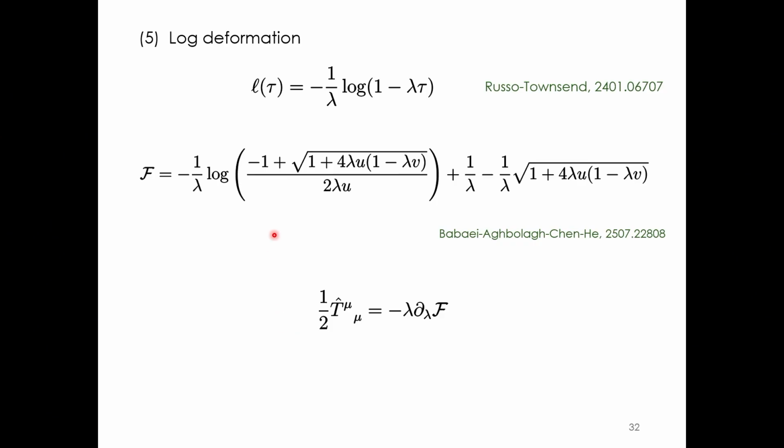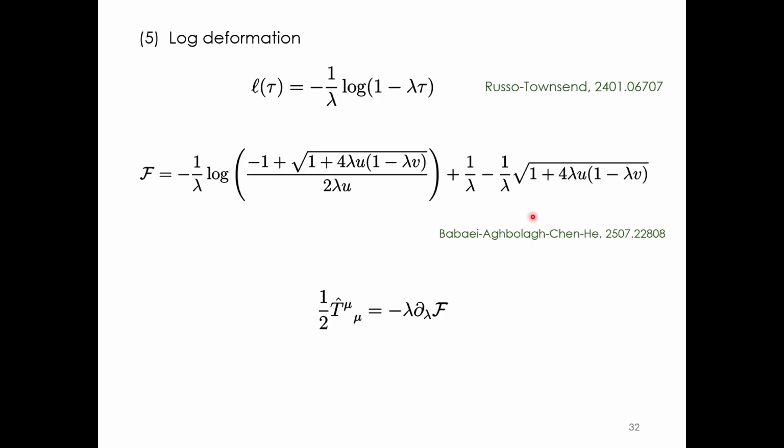Then this is a more non-trivial one, the log type deformations. This log type of deformation was found by solving the Courant-Hilbert problem, originally by Lüst and Townsend in these papers, as deformations of Maxwell theory. By using this solution L, we can get the deformed actions like this.